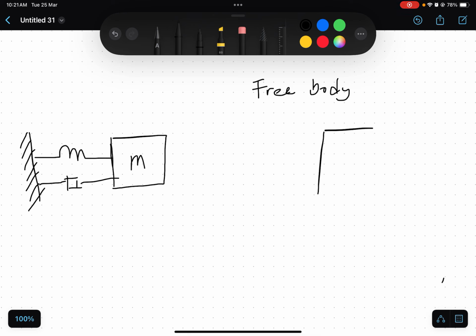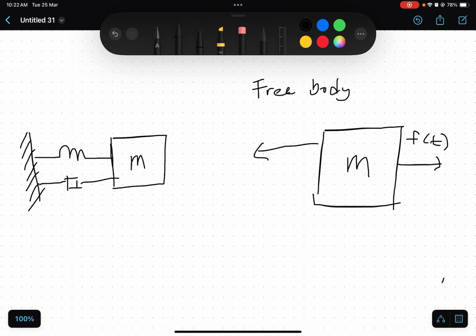So here is the mass. Then we have the main force, which is the pulling force of f(t), and then we have three forces as a result of f(t).